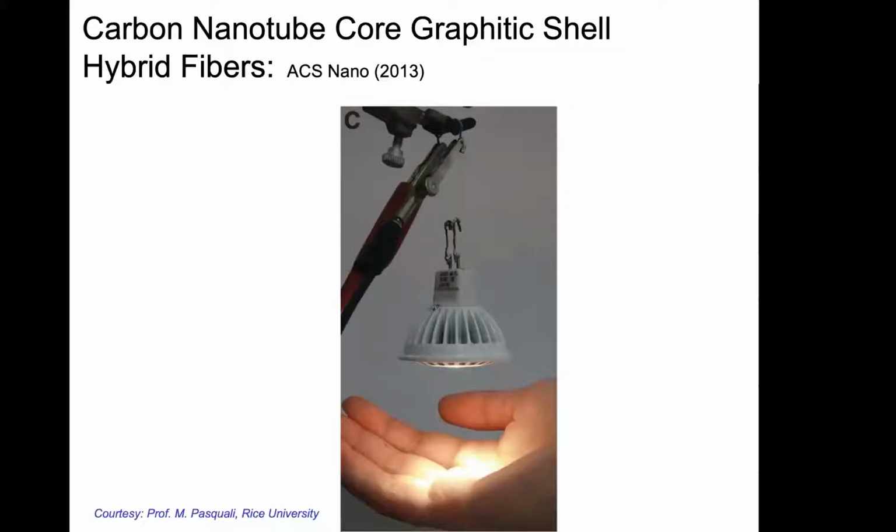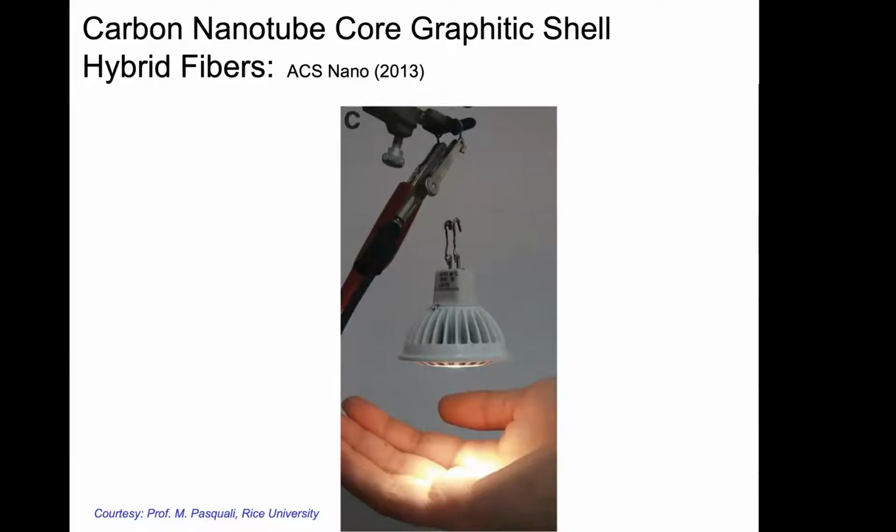Such an application will revolutionize the entire transmission system. So it is possible, and such a high-strength concept was inspired by things we see in spider silk.